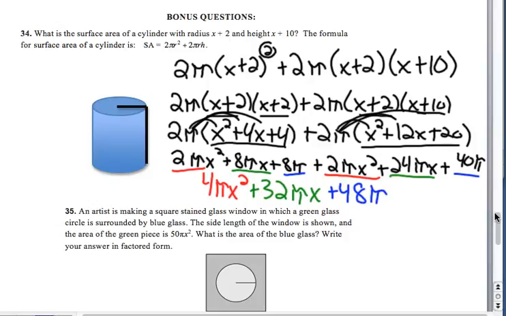So again, that one is just applying all of the multiplication skills and then the adding skills to combine your like terms. Okay, that's what that bonus question is really testing.